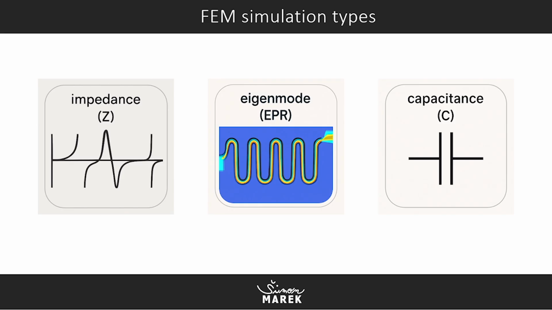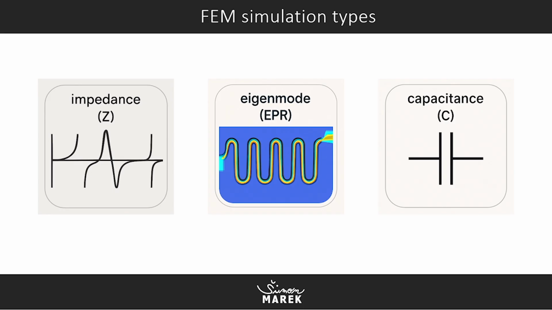Then we will have FEM simulation types for our amplifiers. We will have impedance and scattering matrices, like impedance and S parameters, and this kind of stuff. And then we will have EPR for the Josephson junction and electric fields for Josephson junctions to really evaluate the Josephson junction.